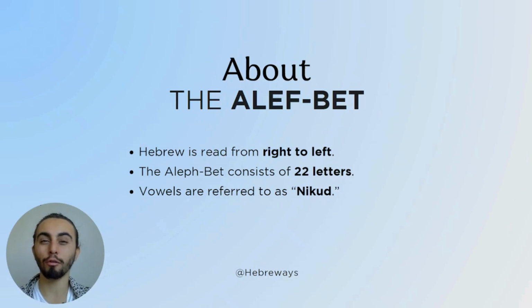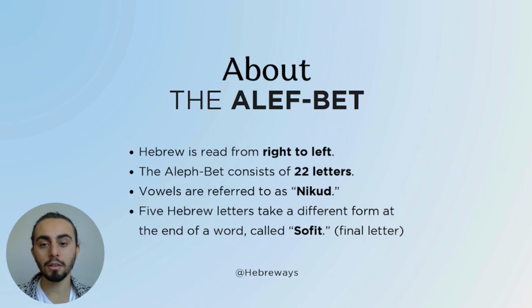There are also vowels in Hebrew. They're called nikud, and we're not going to cover them today. Today we're going to talk more about the letters themselves. And there are 5 letters that at the end of the word, when they take a different form, they are called sofit, final letters. We'll see those at the end of our video.